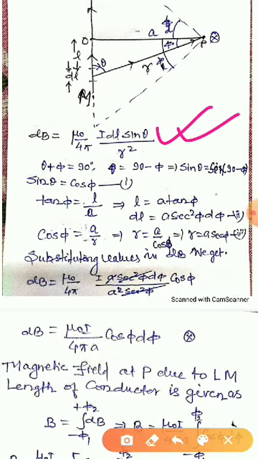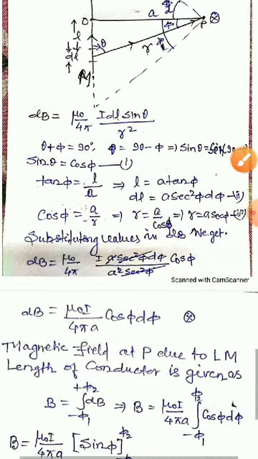Now there is only one variable, and its direction: if you rotate a right-handed screw from I dl to R, it is clockwise, so it will go perpendicular to the plane of the paper, pointing downward.